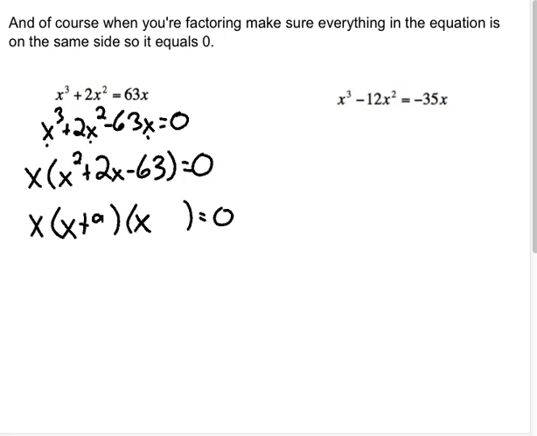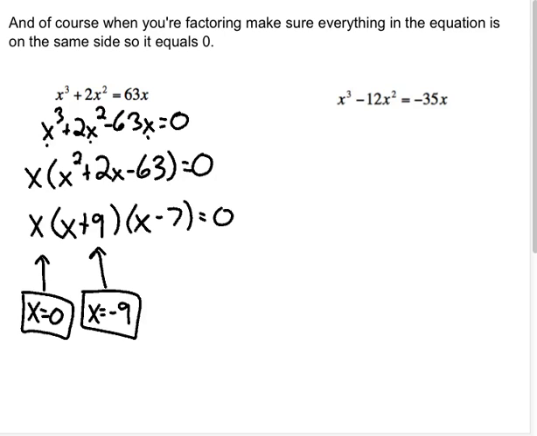A positive 9 and a negative 7. So those will multiply to a negative 63, and they will add to a positive 2. And then I go through every piece and identify what 0 the factor will give me.